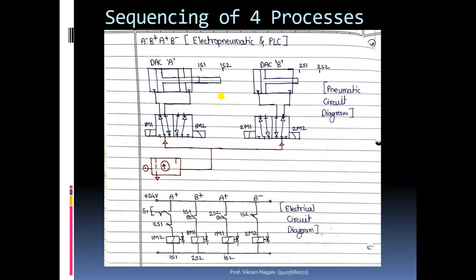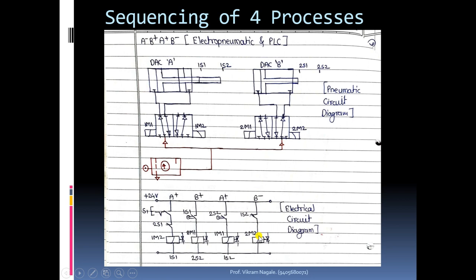So 1s1 कुठे use केलं बघा, 1s1 is used in order to activate this 2m1 coil, and by de-energizing this 2m1 coil, we can release the pressure on the left hand side of this valve, so that by applying pressure or by energizing the 2m2 coil we can get the last process, that is B minus. So here by using 1s1 we are deactivating this 2m1 coil, and by using 1s2 we are energizing 2m2 coil.